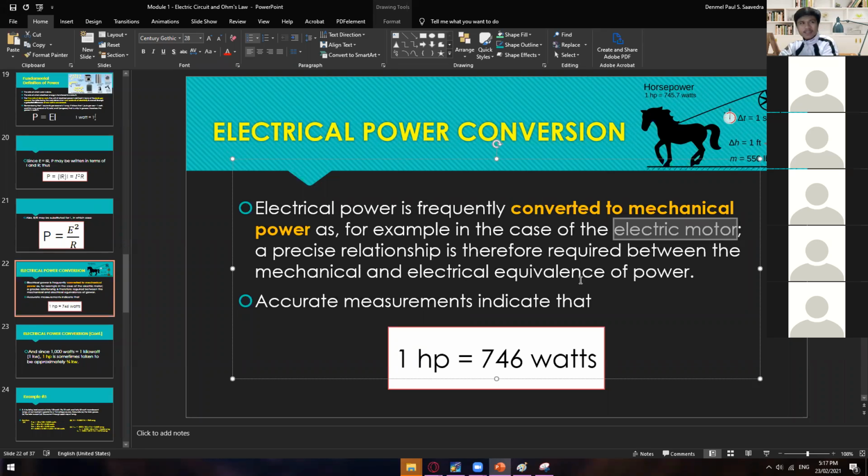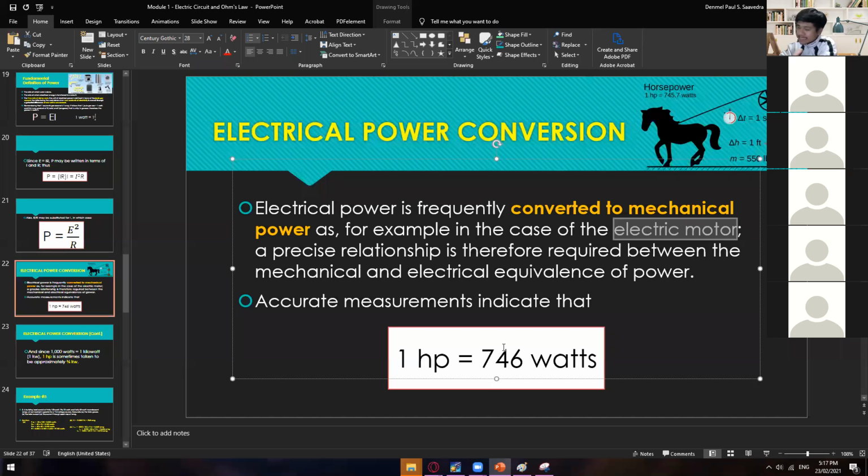So just multiply 746 watts by 4, and you'll get roughly 3,182 watts.